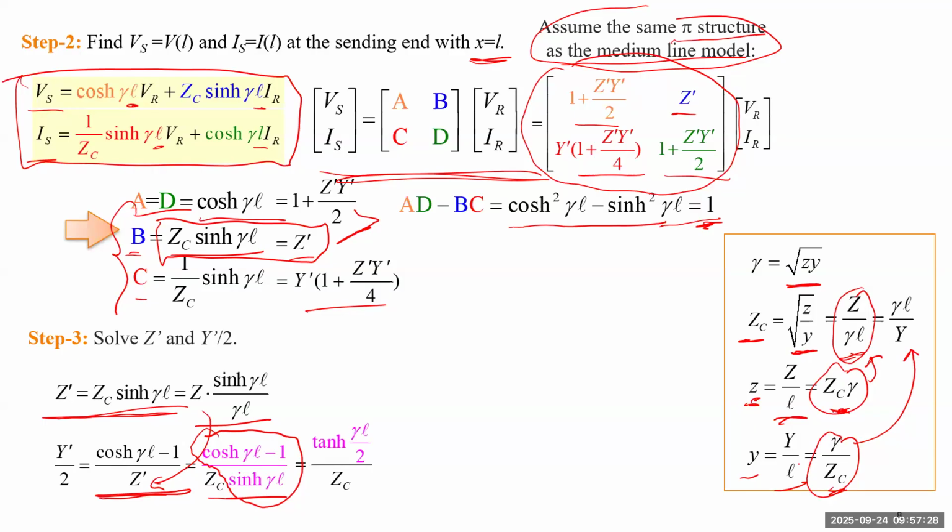Okay, so we'll find the equation to calculate half of the Y prime. And similar to the first equation, we want to write this one in the form with the actual half Y multiplied by a factor.